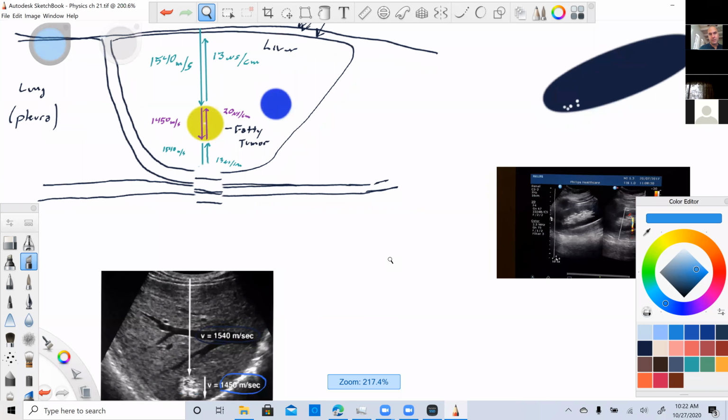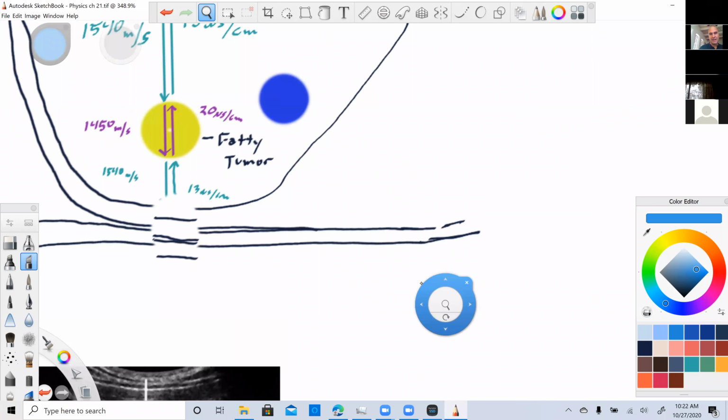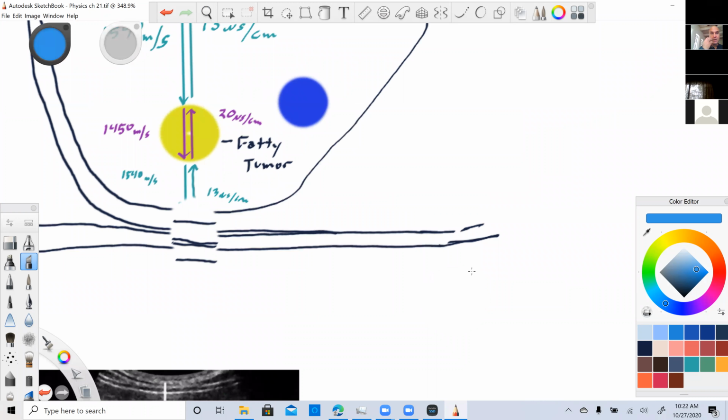Oh, and rarely, it's possible, but I don't know that I've ever seen it. It's possible if this was faster, and the stuff behind it could actually be lifted up towards the transducer, because the overall beam velocity, if you average the entire velocity, seems to have gone up, or at least in the far field of the beam, it's gone up.